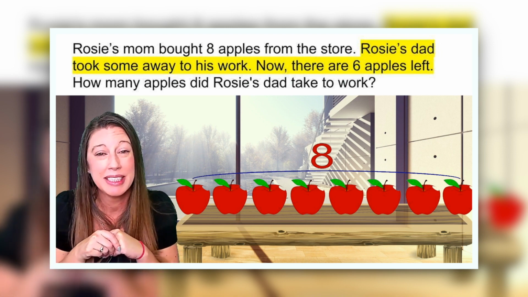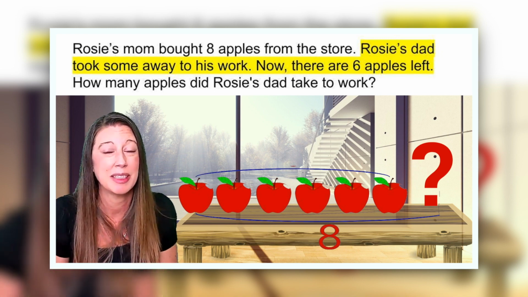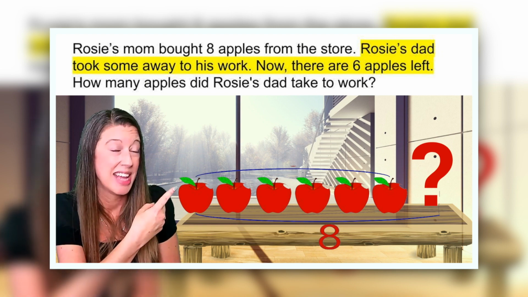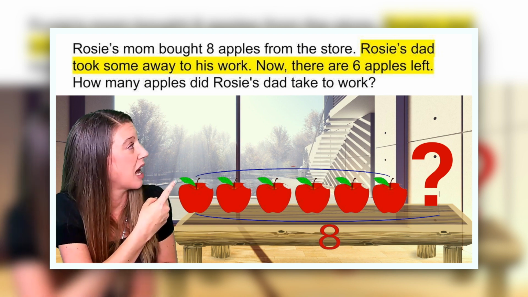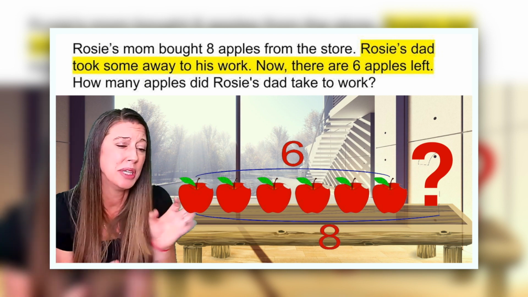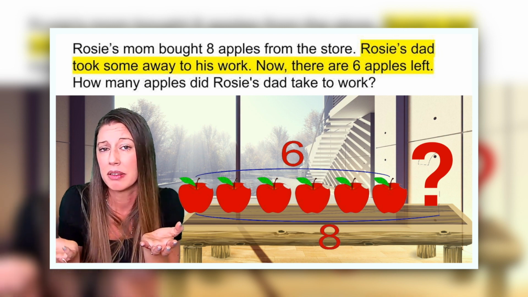Now, it doesn't say how many he took to work. So I'm going to read the next sentence because I bet you it's going to give me a clue. The next sentence says, now there are 6 apples left. So how many do we have to take away from 8 to leave 6?